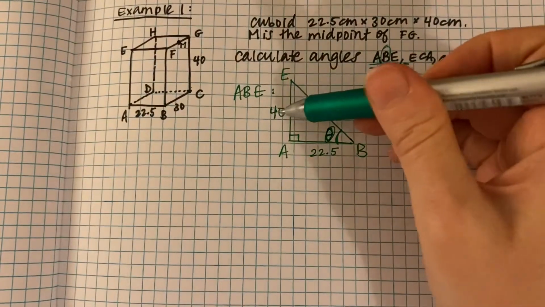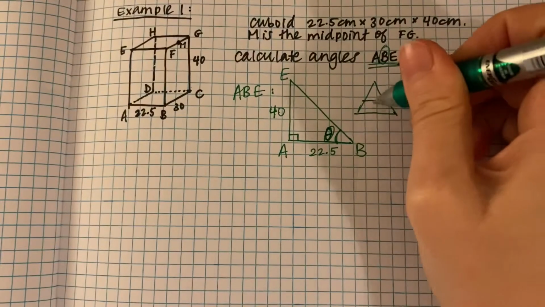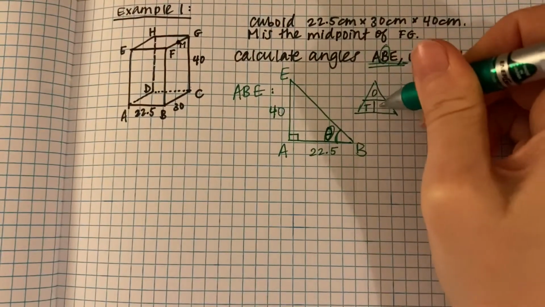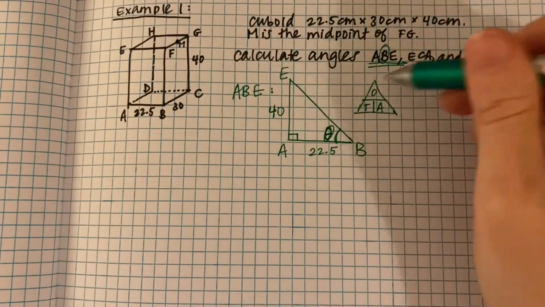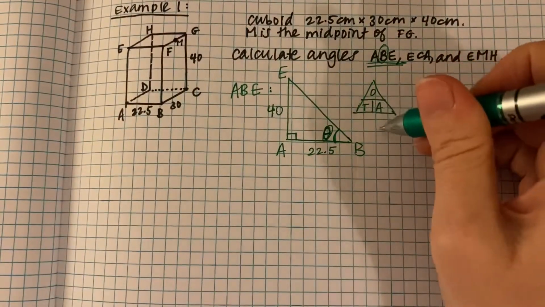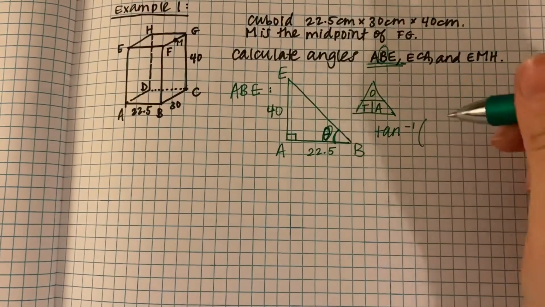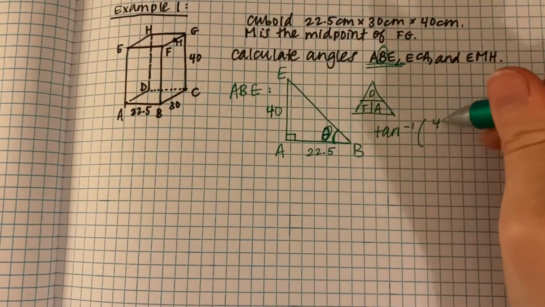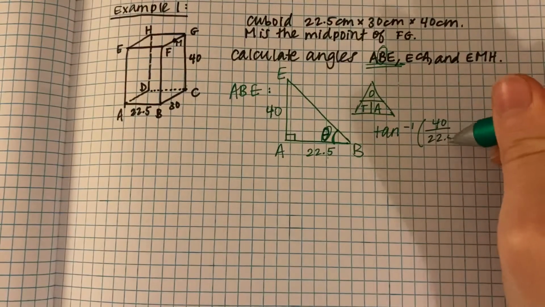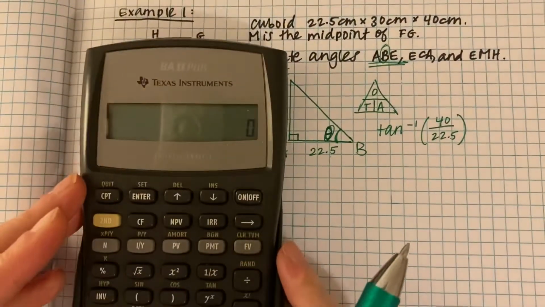Since we have the opposite and the adjacent value, we use tangent, where tangent is equal to the opposite over the adjacent. I know a lot of you use this triangle when you're solving, but when finding the angle, we use the inverse operation and divide the opposite by the adjacent value. So we would take the inverse tangent of 40 divided by 22.5.